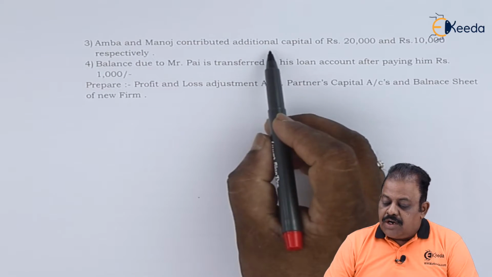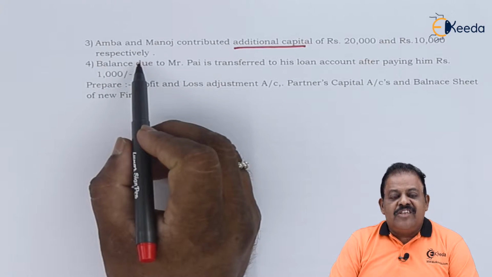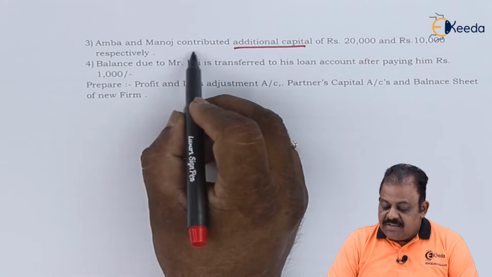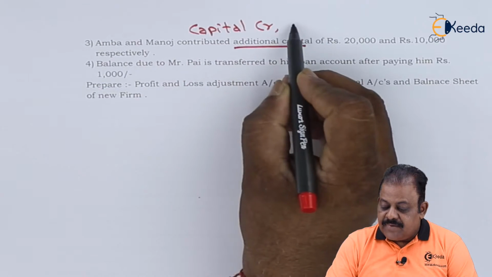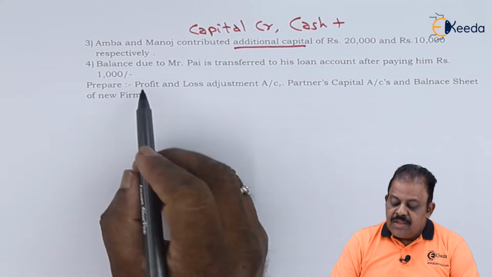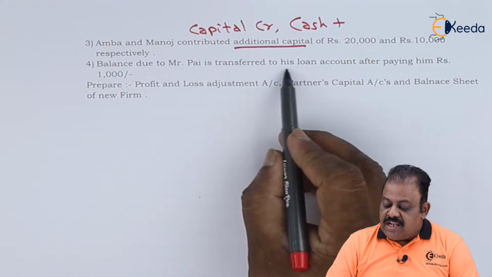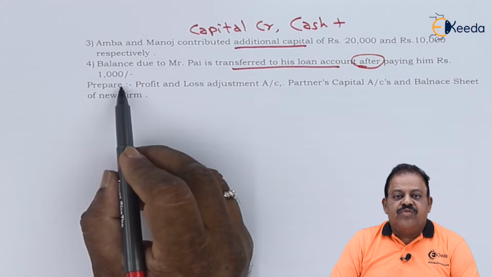Amba and Manoj contributed additional capital 20,000 and 10,000 respectively. This will be credited to their capitals and we can add this amount to the cash balance. Balance due to Pai is transferred to his loan account after paying him 1,000.